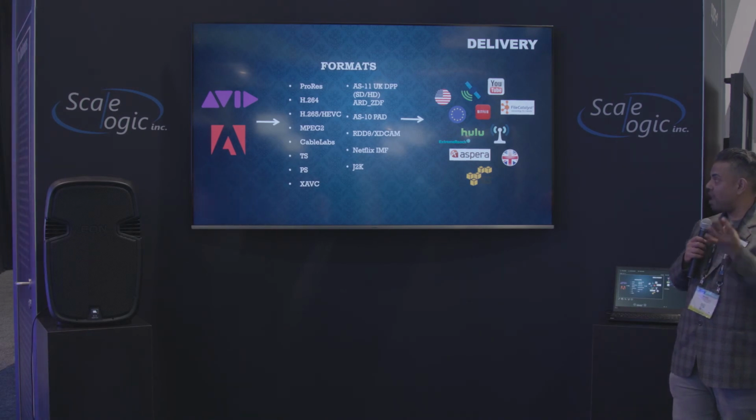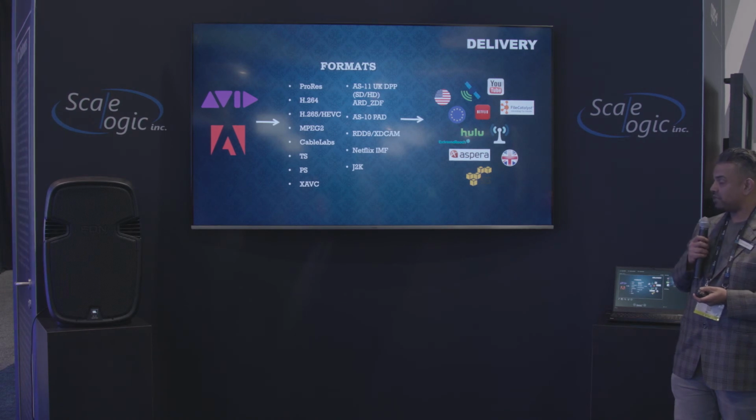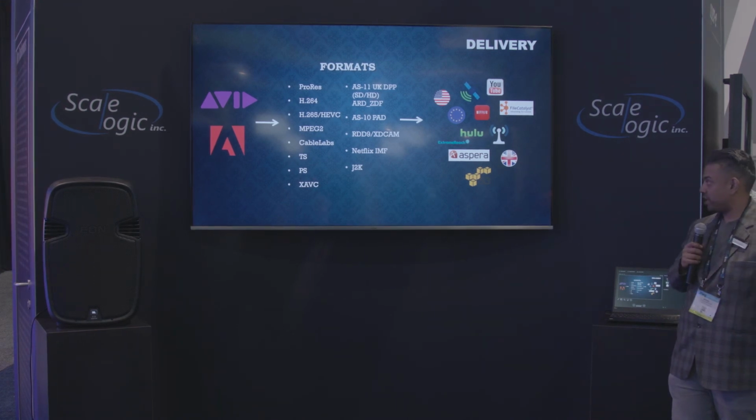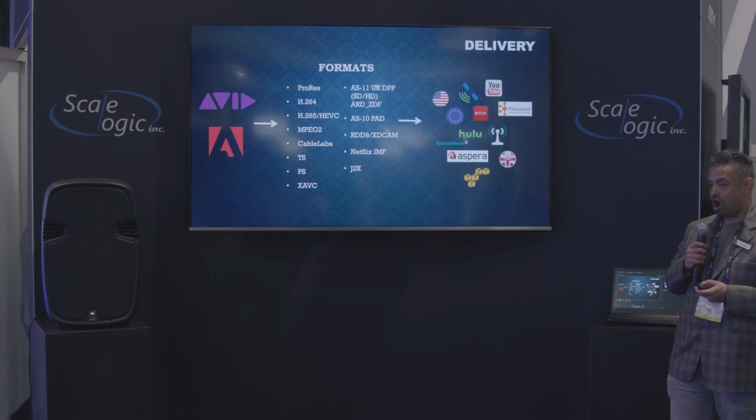And then you also have to send that stuff out. And if someone's sitting there manually sending that stuff out, it's really time-consuming and expensive to have to do that. Doing things like frame rate conversions, if you're sending to a different country or region, uploading straight to Netflix, sending to Amazon, sending via Aspera to YouTube, etc. These are all common tasks, and the ability to automate that stuff is really important.